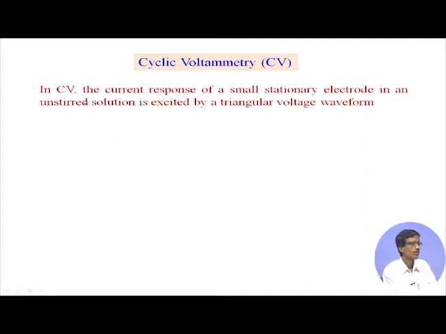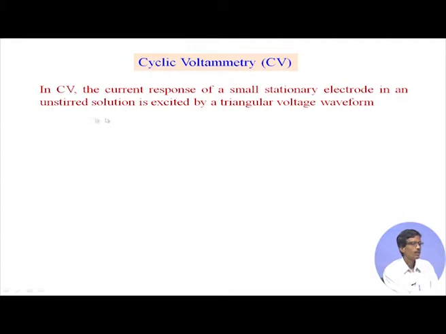So, CV is nothing but the current response of a small stationary electrode in an unstirred solution. These are the basic conditions: the solution should not be stirred or agitated, it should be in the rest state, that means unstirred. Initially we stir for half a minute or a minute, then we stop the stirring, then we switch on the measurement.